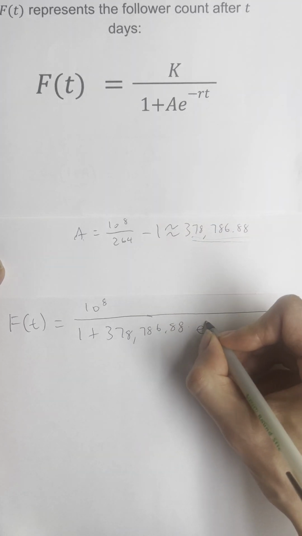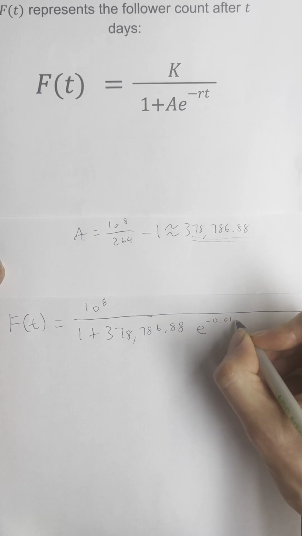Times e to the power of negative 0.01 times t.